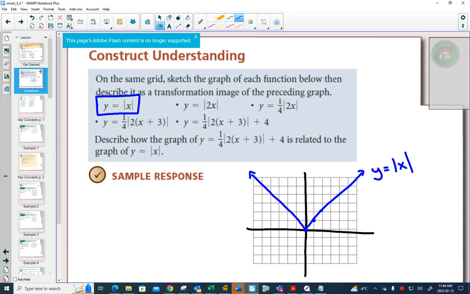And then they have 1, 2, 3, 4 additional equations. So what we're going to do is we're just going to label beside each one of those what the numbers do. So you have nicer spacing than I do.